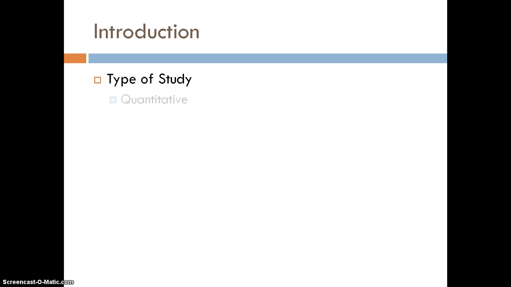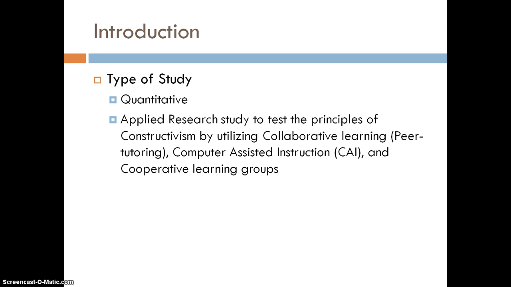This study is quantitative, although I will say there were four hypotheses or goals, as she stated them, or expected outcomes, and the last one does incorporate a little bit of qualitative, as she did interview some of the teachers involved to get their opinions about some things, but like I said, that's the only bit of qualitative in there.